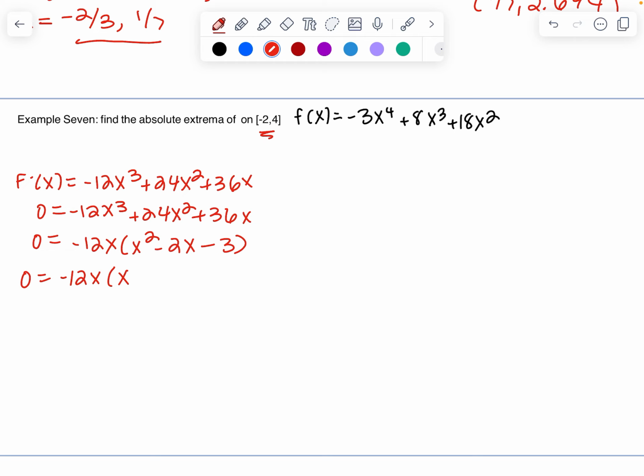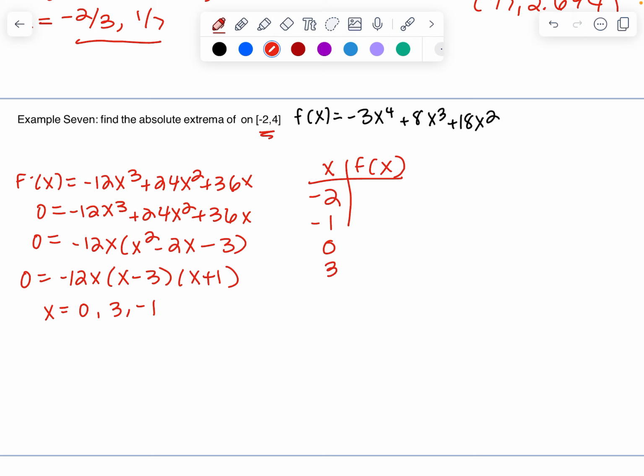It'll be x minus 3, x plus 1. So my critical points are at x equals 0, 3, and negative 1. And then I also have endpoints, and those are other places there could potentially be an absolute max or min. So my options here are x, f of x: negative 2, negative 1, 0, 3, and 4.